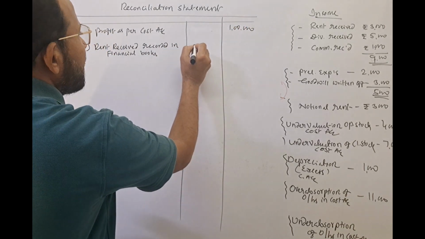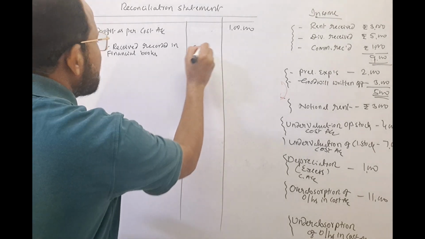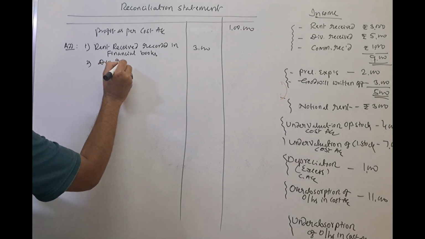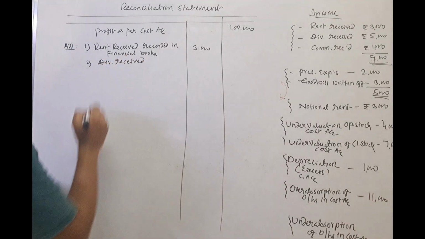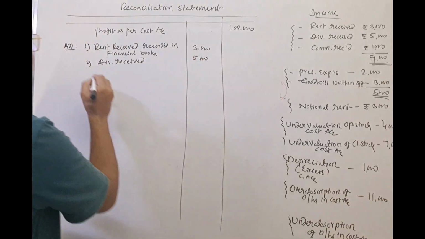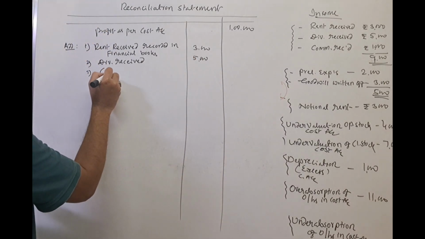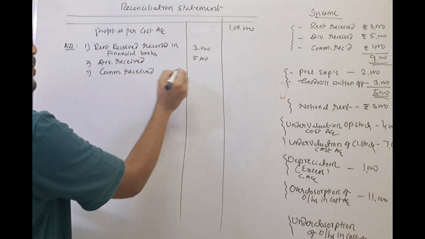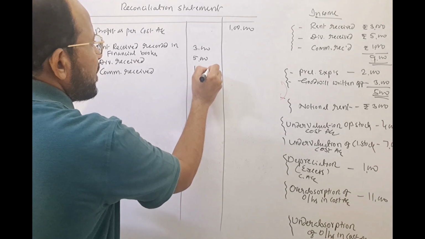Here the amount I will write, rupees 3,000. Next, number 2, dividend received. Dividend received is an item which appears only in the financial books. Rupees 5,000. Next one is I write commission received. This is also recorded in financial books.